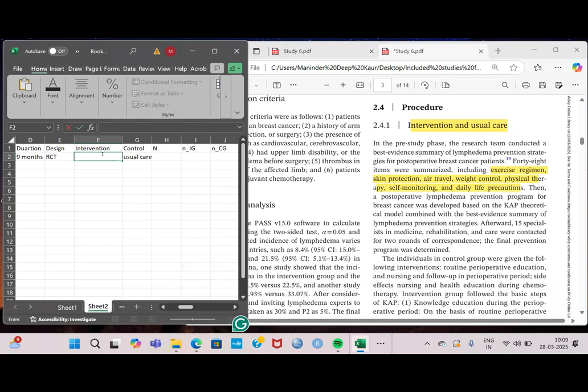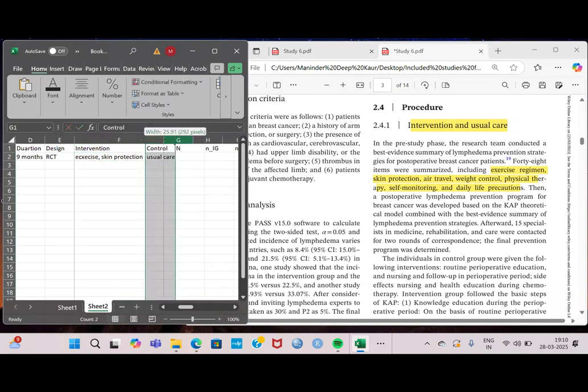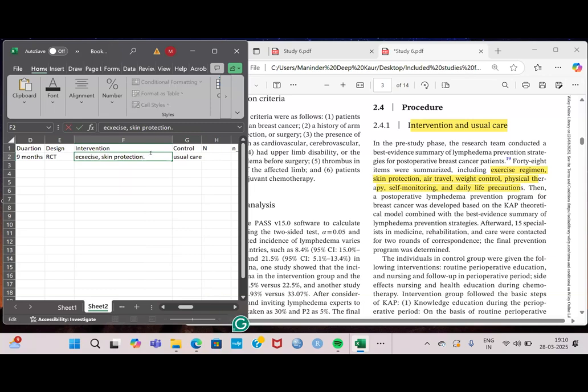So the participants in the intervention group are getting an exercise regimen, information regarding the exercise. They are getting information on what care they need to take for the skin, because after lymphedema the skin is very prone to breakdown and infection. So we usually teach the patient how to protect the skin from different kinds of injuries.